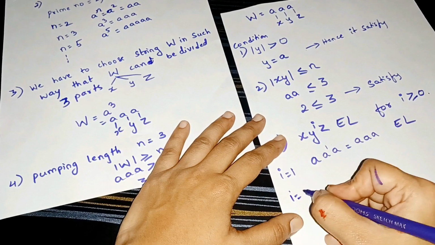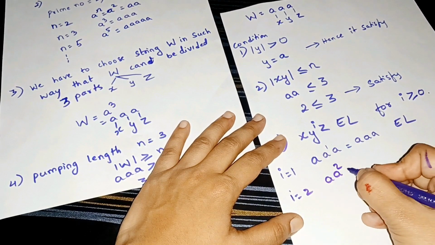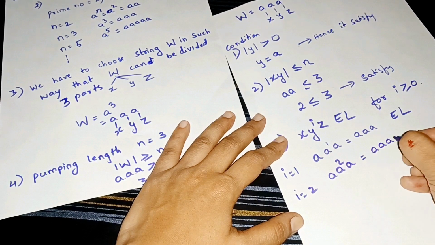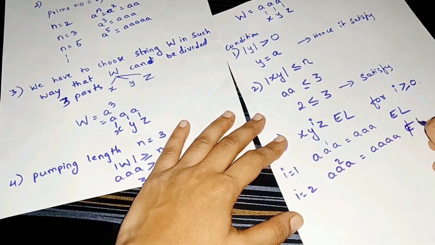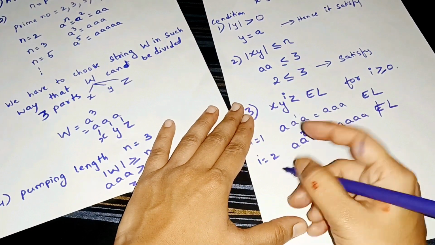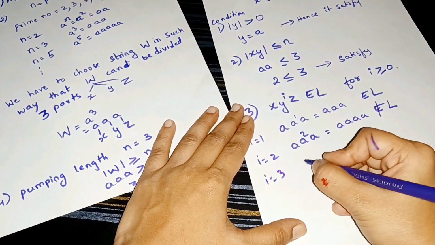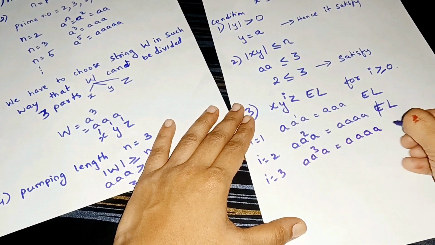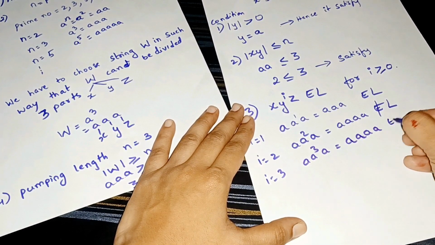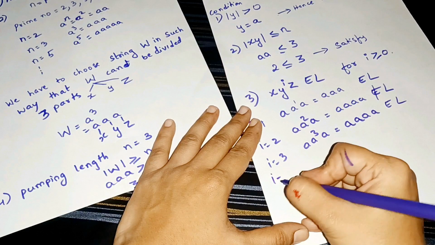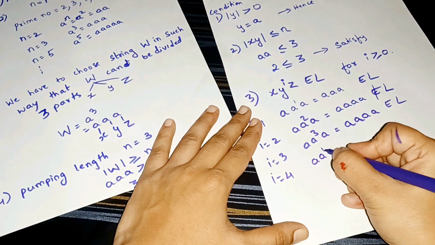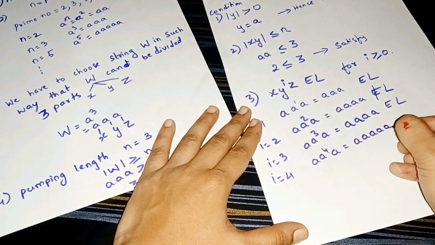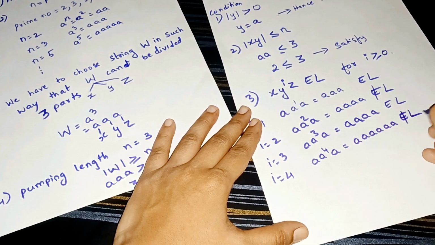Next, i equal to 2: we get 4 a's, which does not belong to the language. For i equal to 3 we get 5 a's, which belongs to the language. If i is equal to 4, we get a total of 6 a's, which is also not in the language.